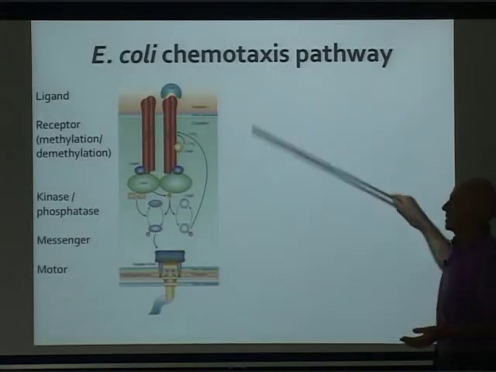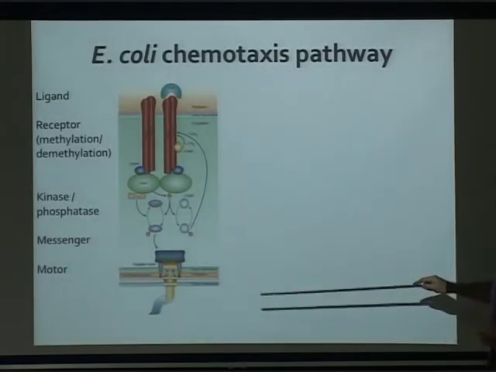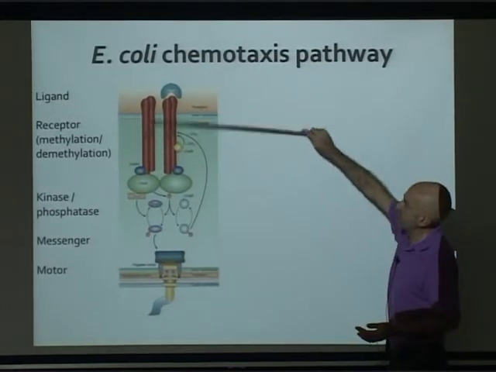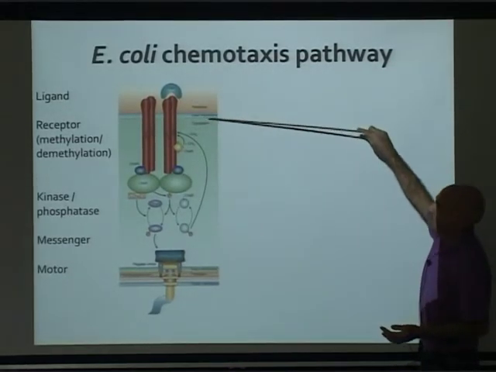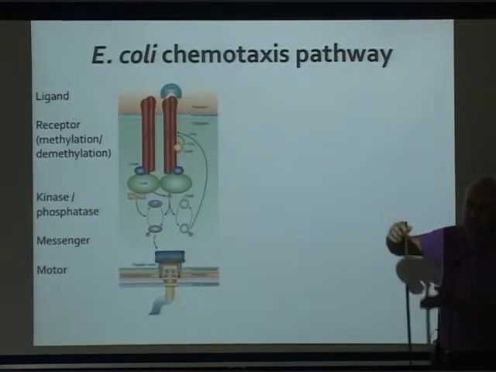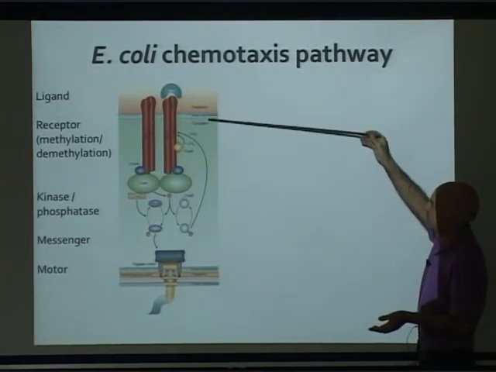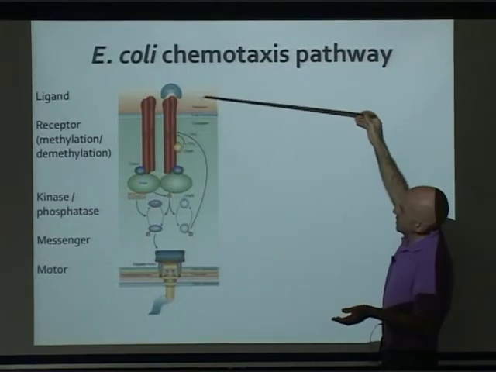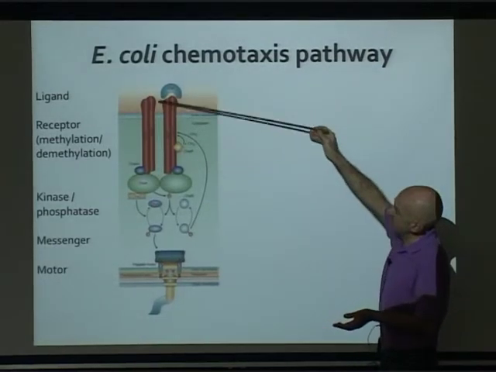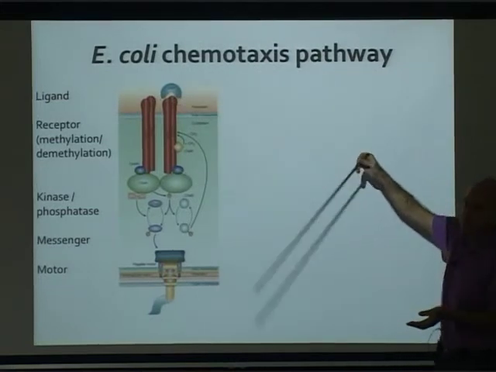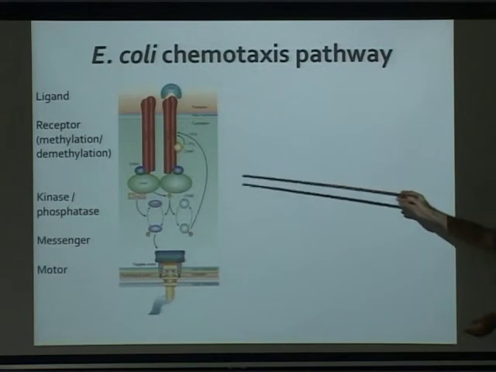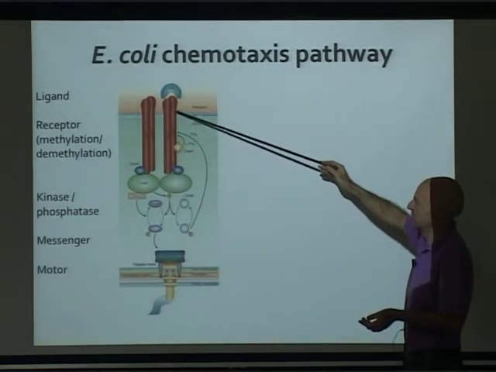So this is a schematic representation of the cell. These are the membranes, right? Here is depicted only the inner membrane. E. coli has two membranes, an inner and an outer one, and is a gram-negative bacterium. These red sticks are the receptors, those famous receptors whose existence was inferred by Adler.